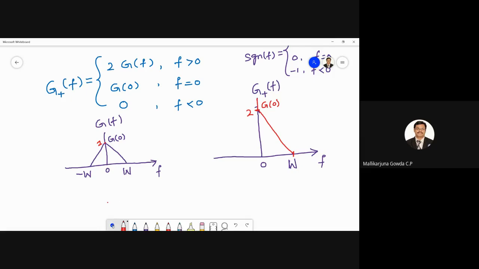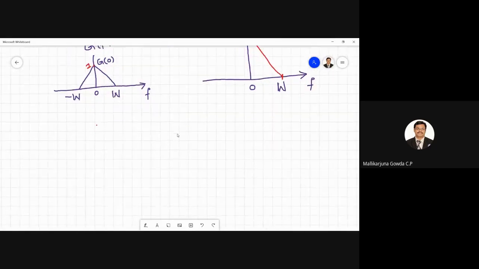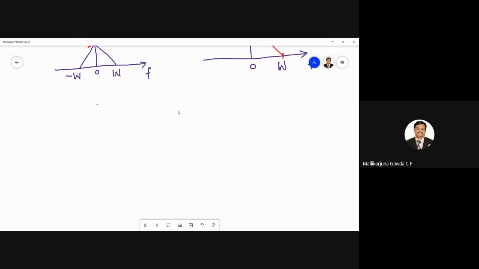In the same way, you can find G minus of f, that is for negative frequencies. Hope you will be able to do that.